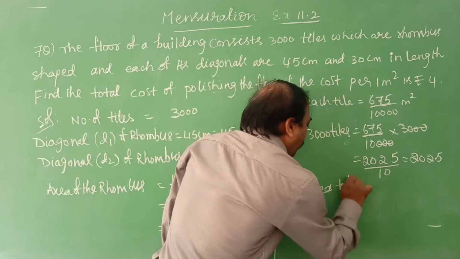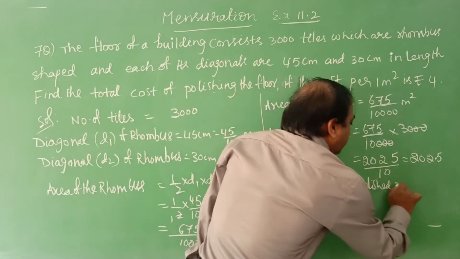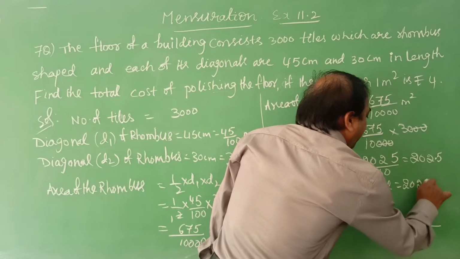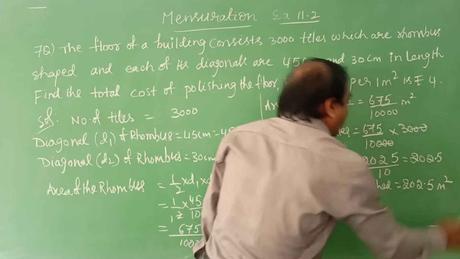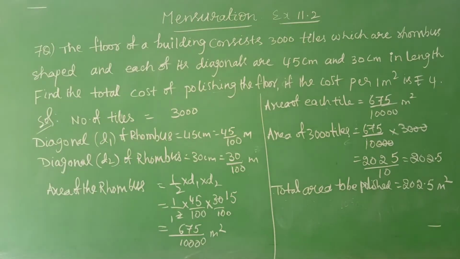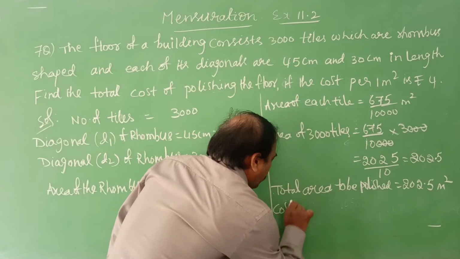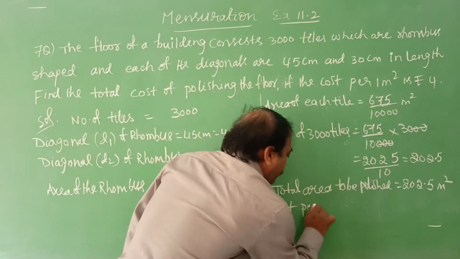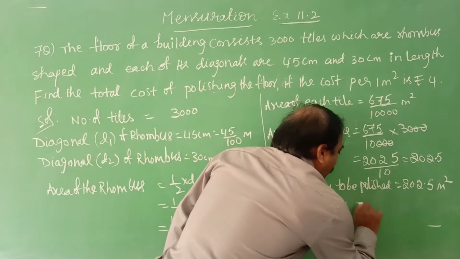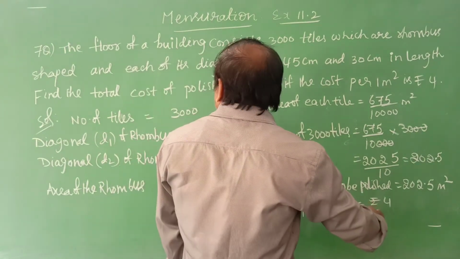So the total area to be polished is equal to 202.5 meter square. That much area they need to polish the complete floor, but the cost per 1 meter square is given as rupees 4. Then what is the cost for this much?